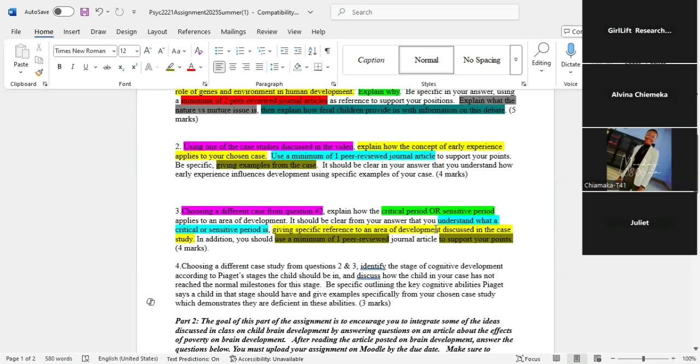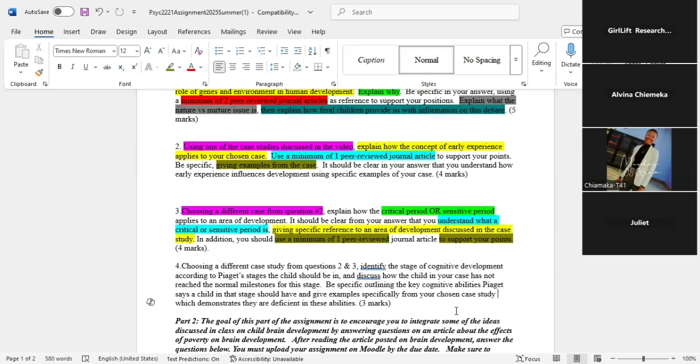Chiamaka, please, can do number 4. Okay, I'll try. The last one says, I'm going to read, then I'll do the rest. Choosing a different case study from questions 2 and 3, identify the stage of cognitive development according to Piaget's stages the child must be in, and discuss how the child in your case has not reached the normal milestones for this stage.